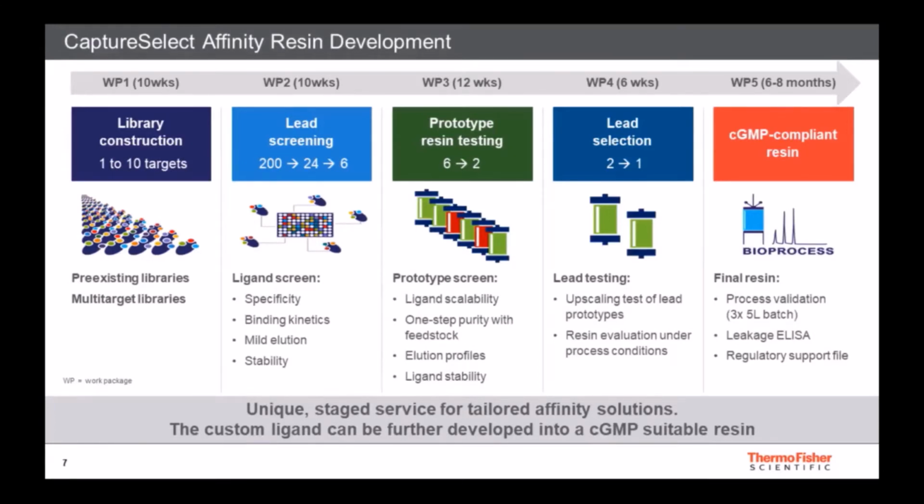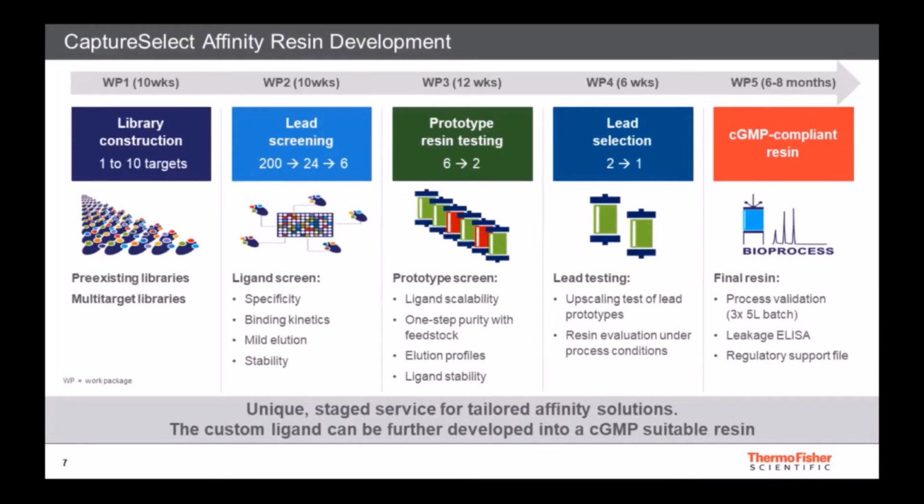So at the beginning, we'll preferentially try a pre-existing library, and we have over 75 different libraries that we've generated over the years. And if we don't, then we'll have to make a new library, a new target. And from there, the libraries are created, and then we'll go through the screening of those libraries. And so that work package 2 section is probably the most critical one.